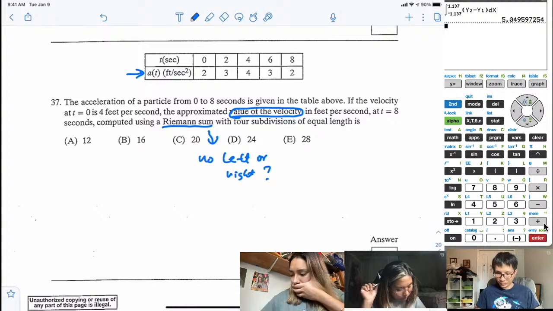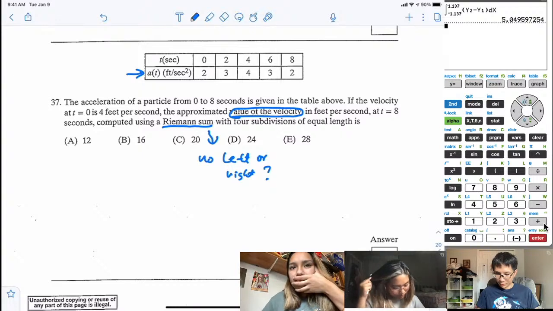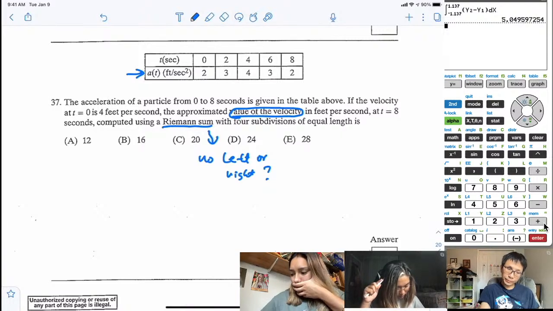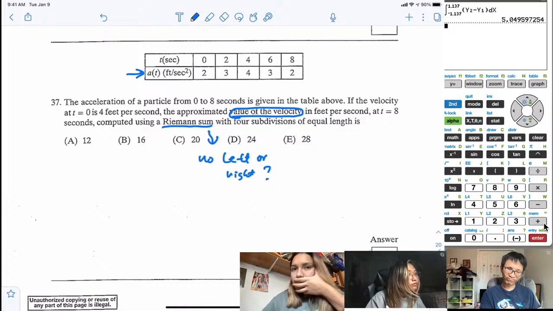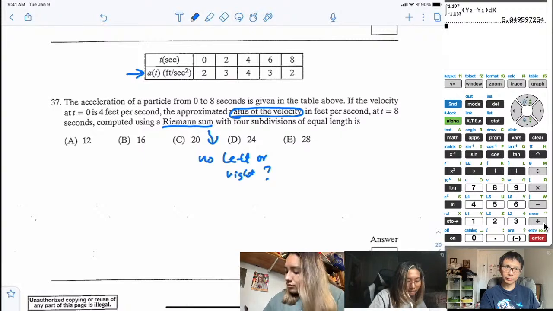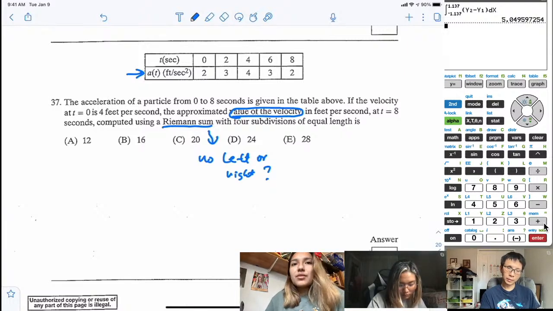Well, no. What else? The table, the chart.